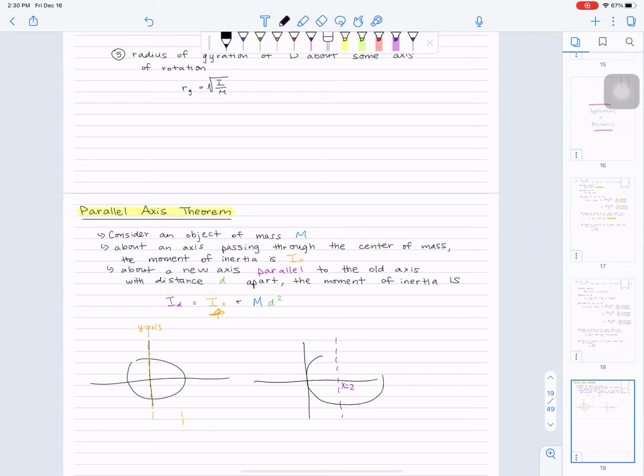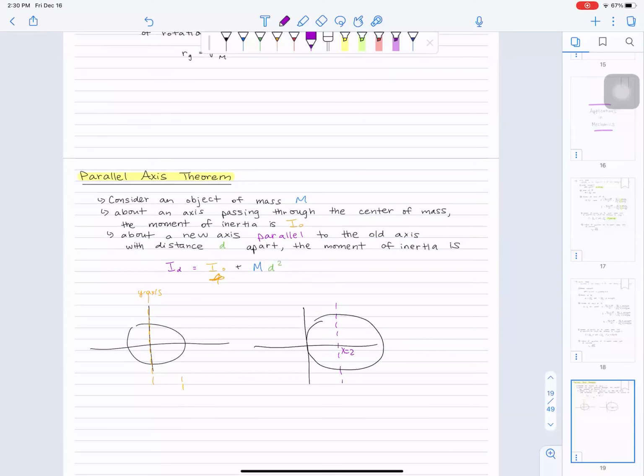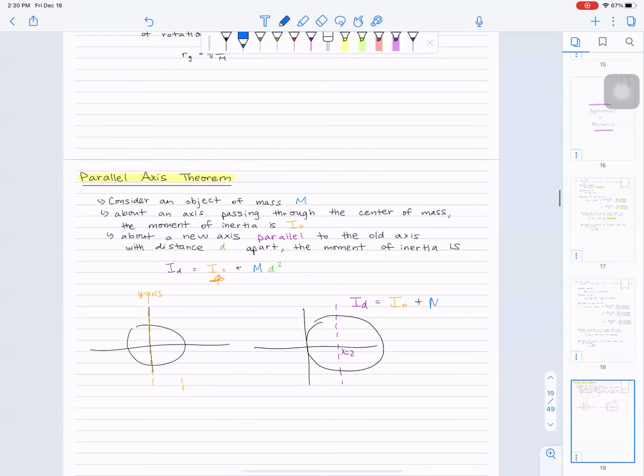Well, this purple axis is parallel to my original x equals 0 axis, the y-axis. So I can use the parallel axis theorem to say that the new moment of inertia is going to be the old moment of inertia plus m d squared, where you either find the mass or they've given you the mass. And d is the distance between your two axes. Because I moved over to x equals 2, I should multiply by 2 squared because it's a distance of 2.